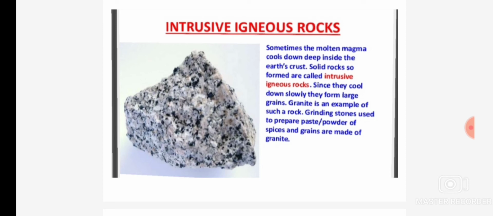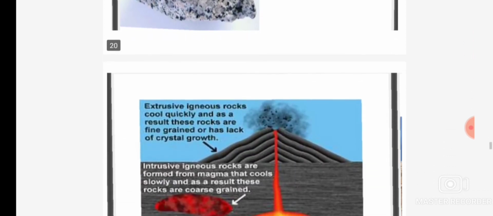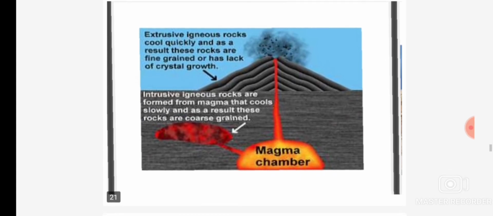Granite is an example of such a rock. Grinding stones, which you can see in villages, or in earlier times maybe in your own kitchens, were made up of granite.